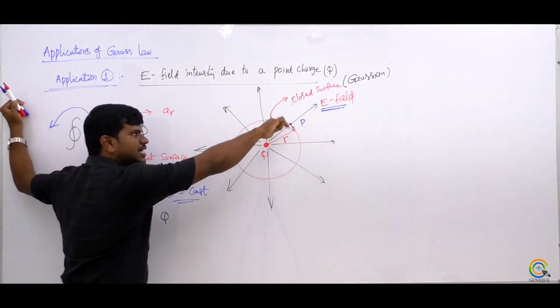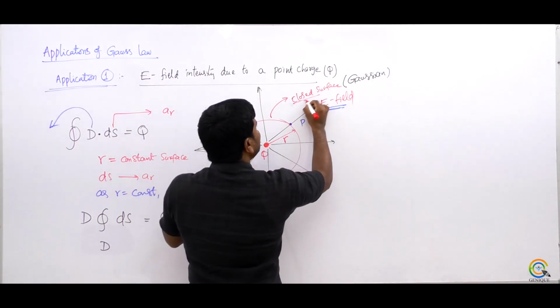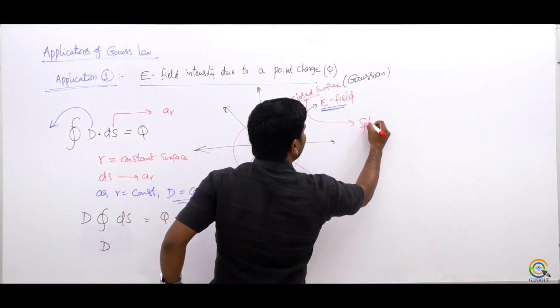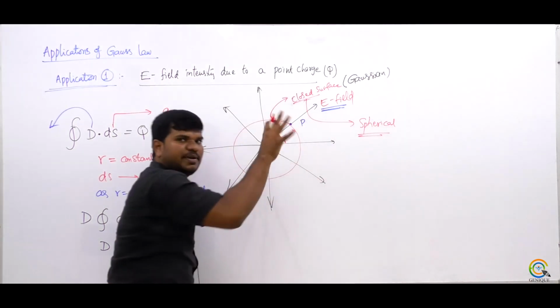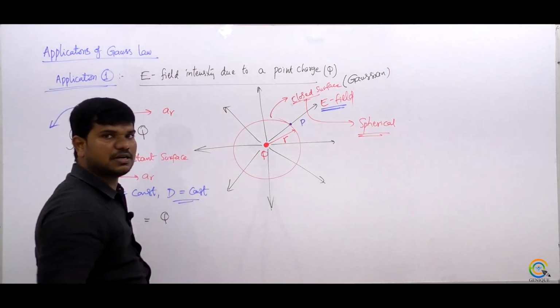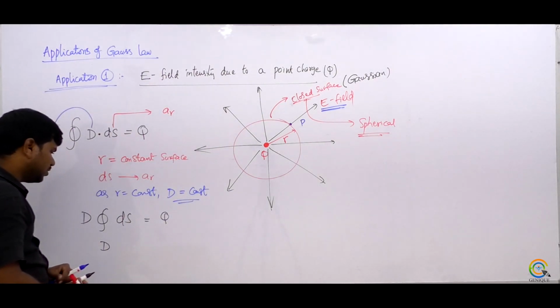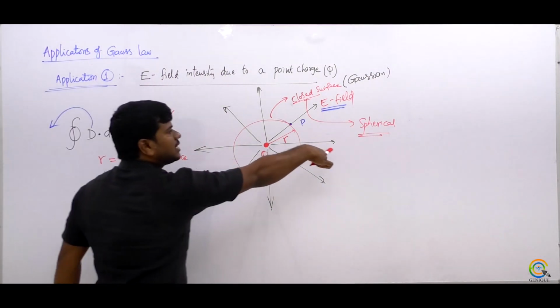What is the surface? It is a spherical surface. You have to note that. It is a symmetrical surface; I consider a symmetrical surface around this. There may be non-symmetrical surfaces also.